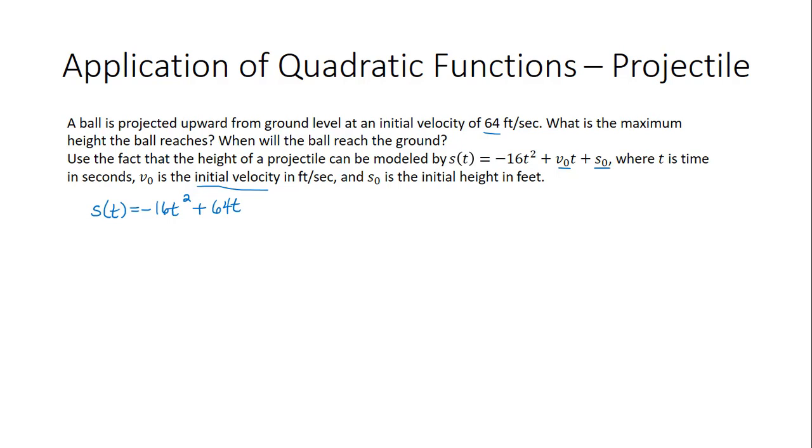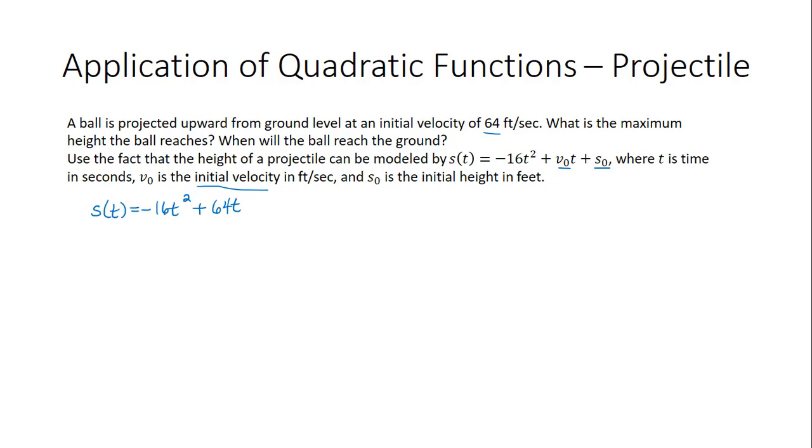S sub 0 is the initial height. So the ball is actually on the ground. The initial height is 0 feet above the ground, so it's just 0. If you were told a specific number there, then you would put that into the function. So this is our quadratic function that represents the height of this ball.